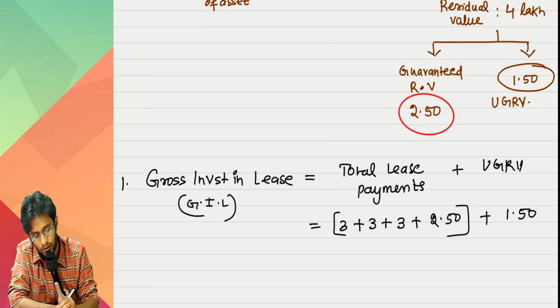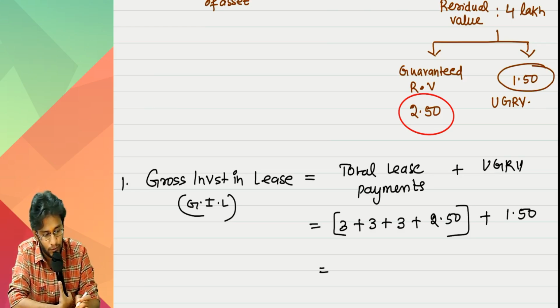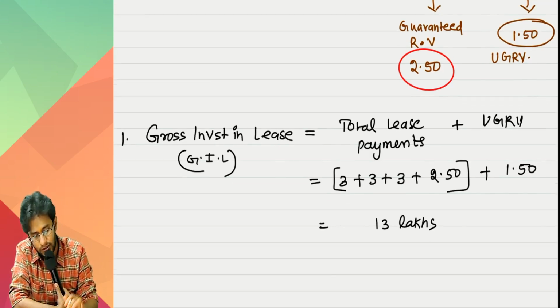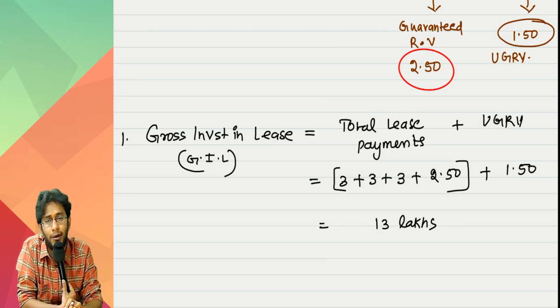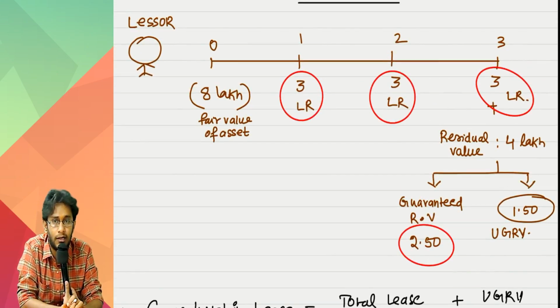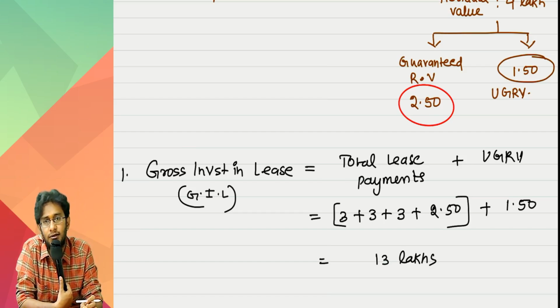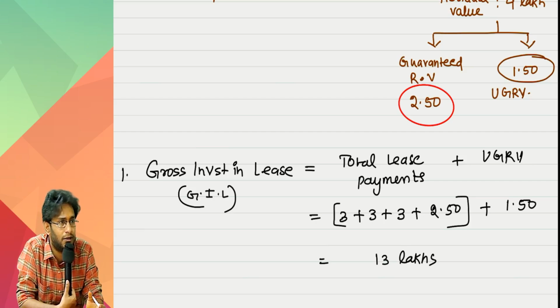So GIL comes to 13 lakhs. I have a simple question, sir. You invested how much for buying the asset today? 8 lakhs. But how much is the total cash inflow you are recovering from the asset? 13 lakhs. And the extra 5 lakhs, is it interest income or not, indirectly? Yes.